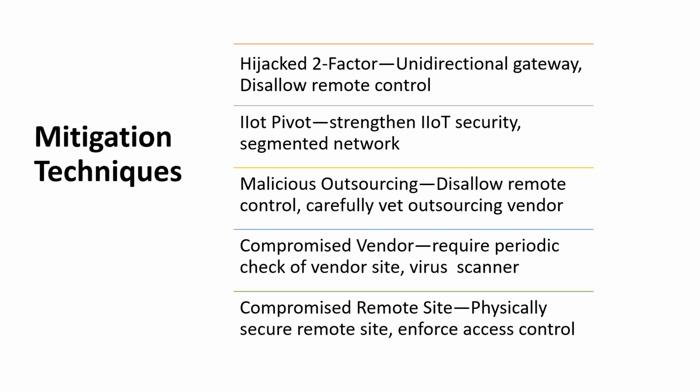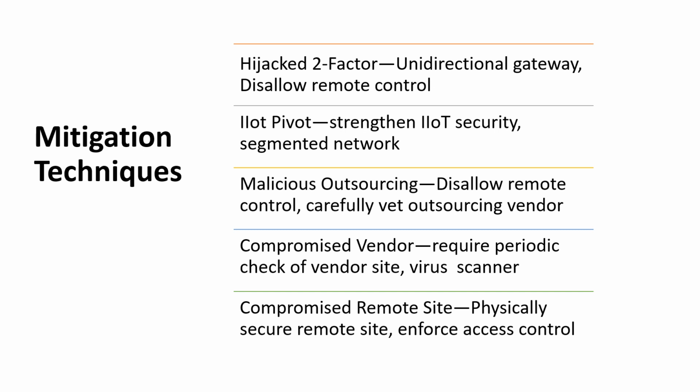Additional mitigation techniques are the following. Hijacked two-factor. Use unidirectional gateway and disallow remote control. Industrial IoT pivot. Strengthen IoT security and use segmented networks. Malicious outsourcing.